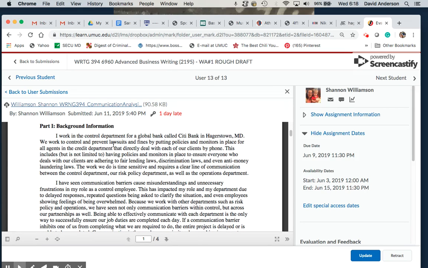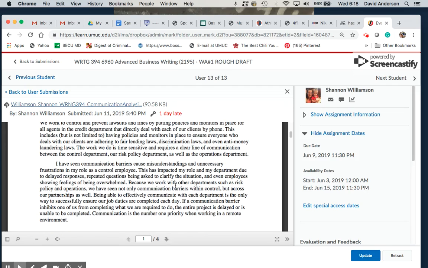In this first section, you're asked to give some background information about the place you've selected to highlight some communication barriers, and then some specific details about it. I see what you're referring to, and you have detailed the type of communication that takes place there. Give me a little more of an understanding. It looks as though sometimes you telecommute and sometimes you don't.